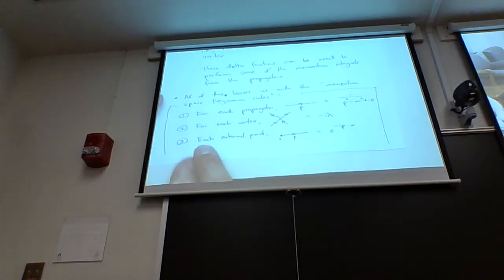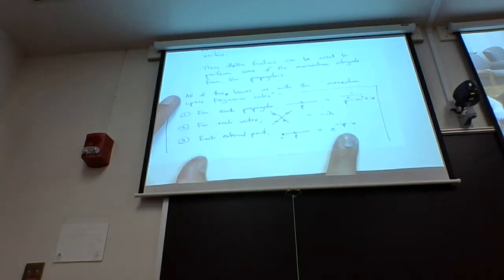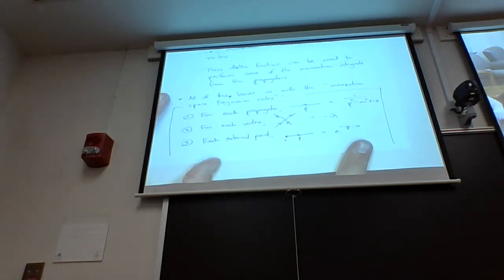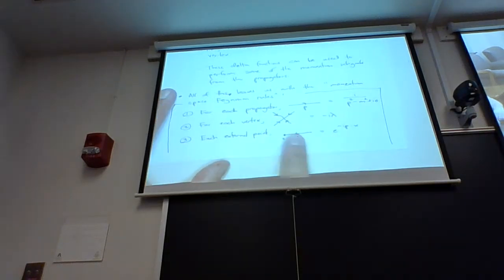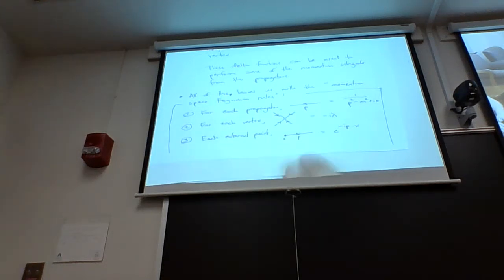And for each external point, we add a factor of e to the ipx from the Fourier transforms. We'll see that these eventually go away when we start to compute observables. Okay, so those are our rules for the pieces of the diagram.